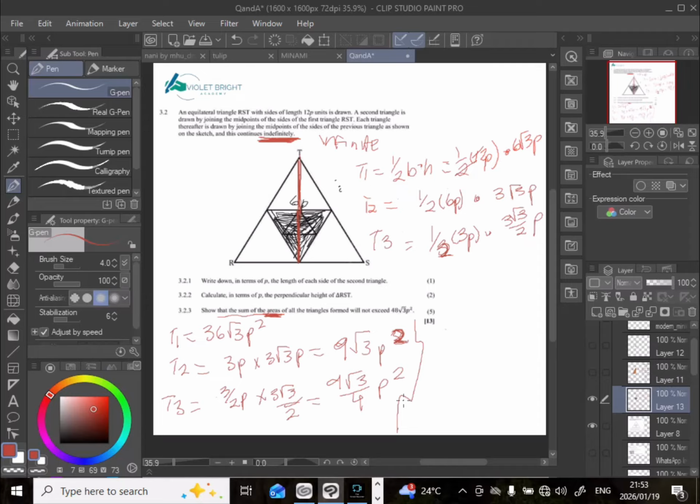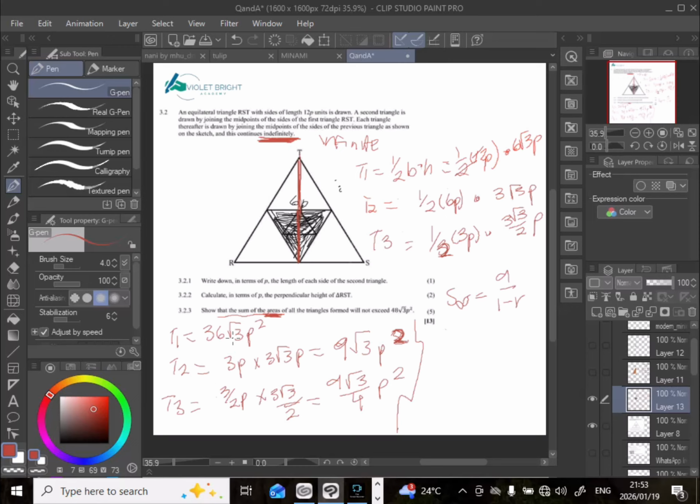So now, let's go to the sum to infinity, which is equal to a over 1 minus r. Oh, sorry. Let's just find r first. Let's not rush and let's find r.